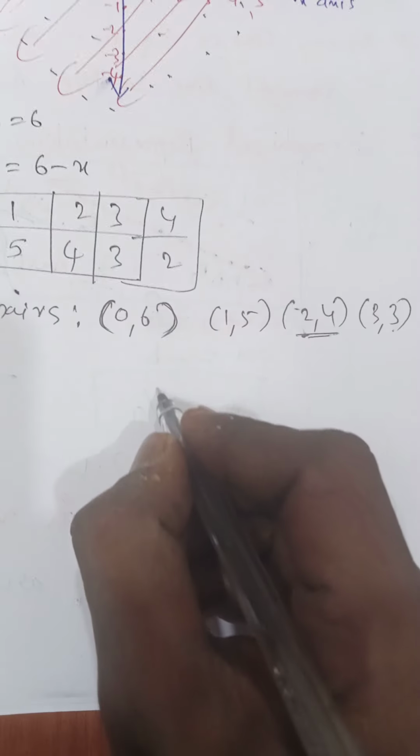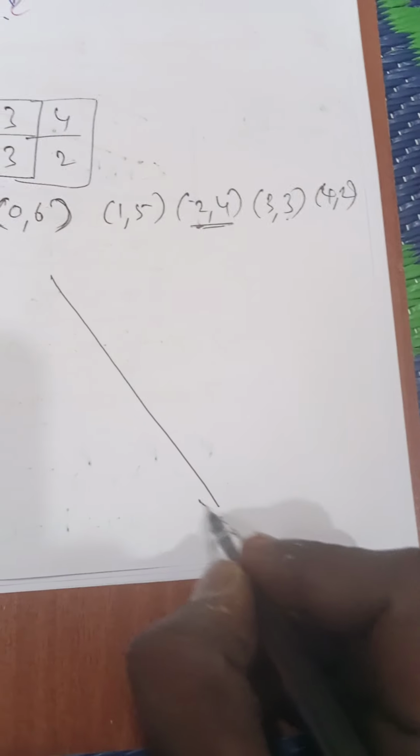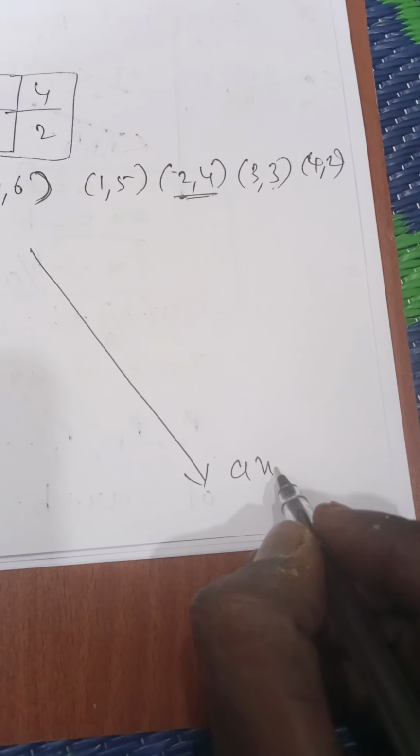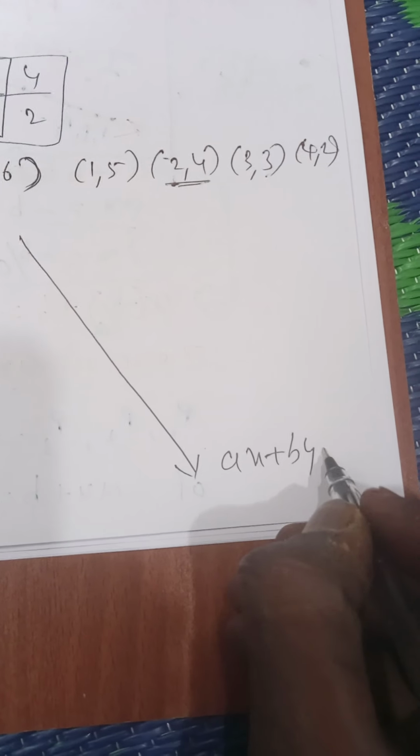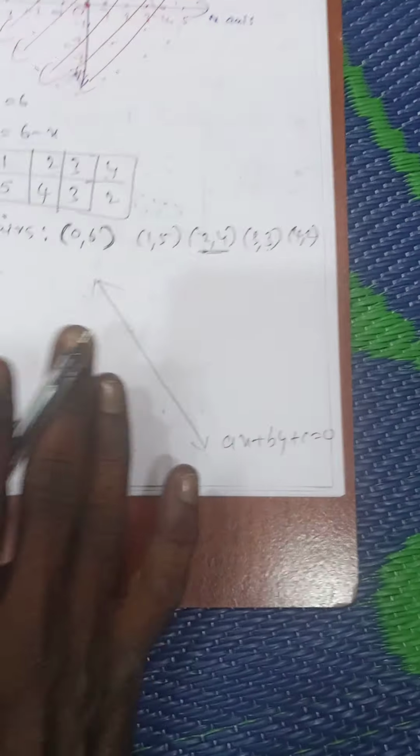So we conclude from this graph, if you draw any linear equation in the plane, maybe in a single variable or in two variables, better to go through the two variable equation, then it must divide the plane into two half planes.